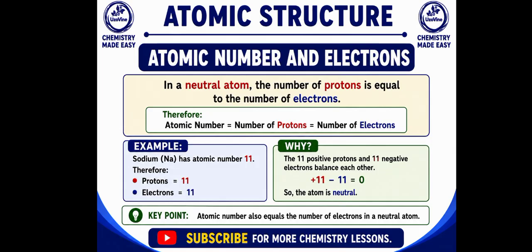That is why we gave the illustration 11 minus 11 is equal to 0, and 0 is neutral. So if you're asked what makes an atom neutral, an atom is neutral because the number of protons equals the number of electrons. Hope you are following.